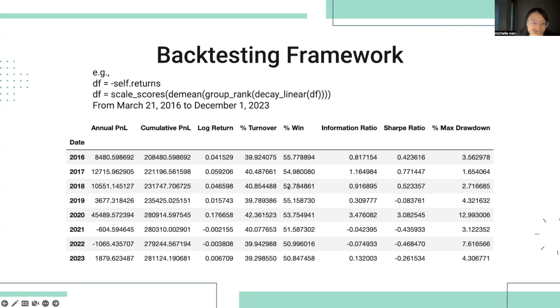And the results are shown here. I'd like to address that the data is from March 21st, 2016, through December 1st, 2023. So arguably the cumulative P&L would be higher given the positive performance in 2016.